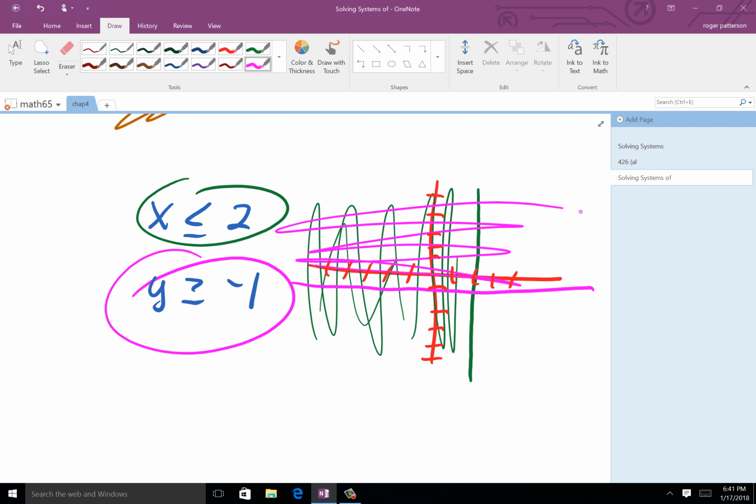So let me go into this. Here we go. Desmos. So here's how it works. You just got to type them in, right?